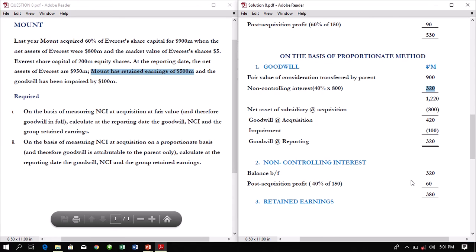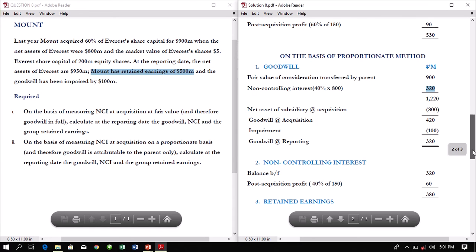As such, any impairment should be suffered by only the parent company. So that is why impairments won't come into this place. But don't forget, post-acquisition profit, NCI will take part of it. So 40% of post-acquisition profit, which is 150, will give us a total of 60. Summing it together, our NCI that will go into our consolidated statement of financial position will be 380.